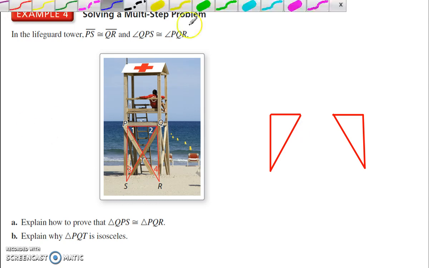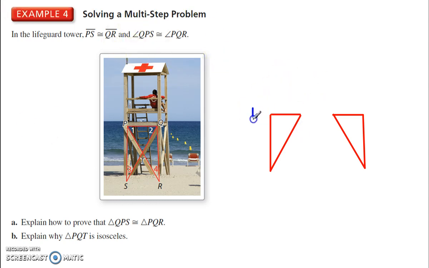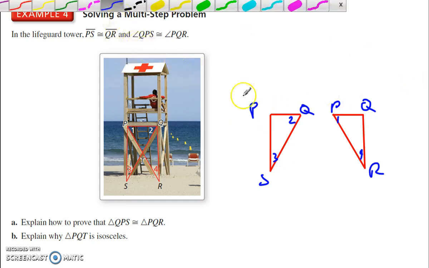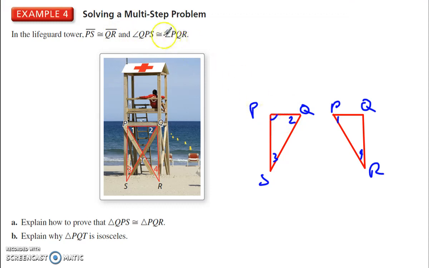So here we have triangle PQS, and here we have triangle PQR, and this is angle 2, this is angle 1. There's 4 down here, and 3 right there. And we also know that QPS, this angle, is congruent to PQR.